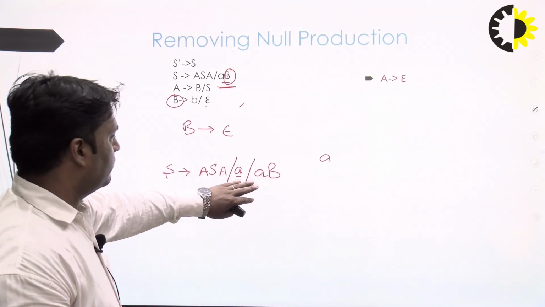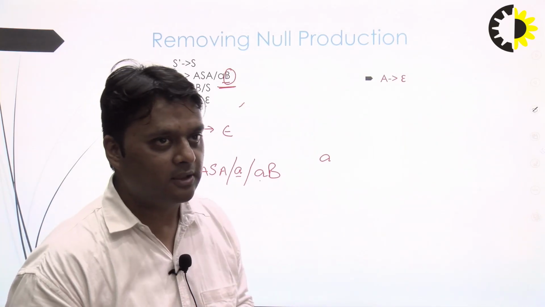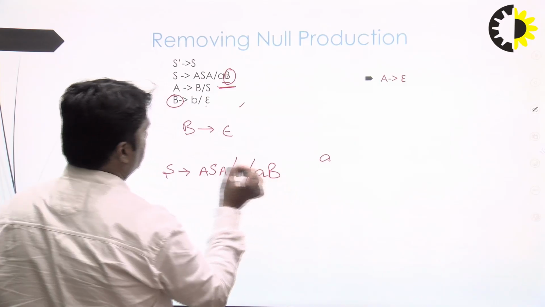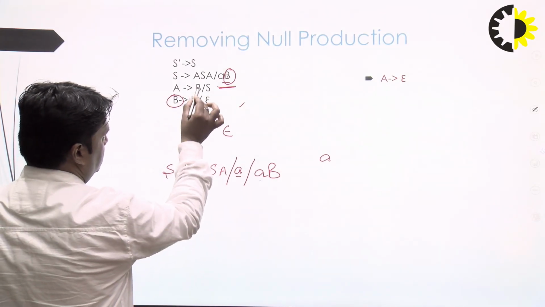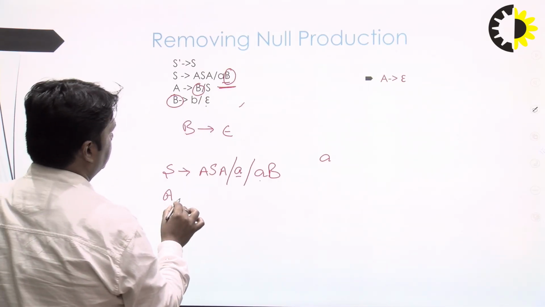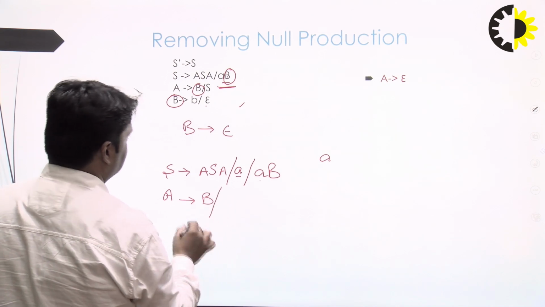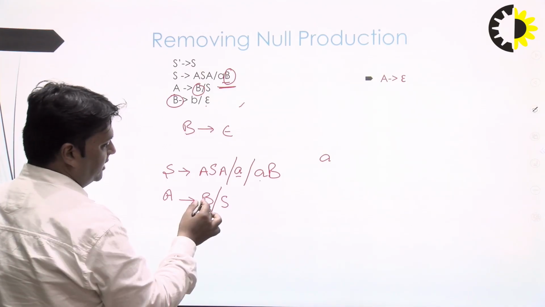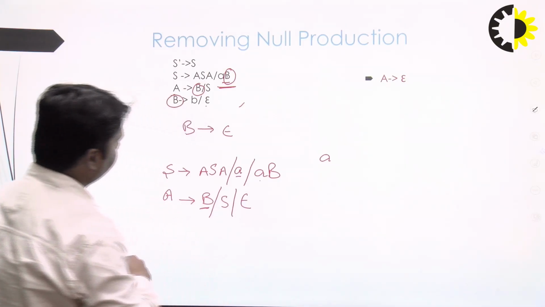So when we remove any null production from the grammar, the remaining grammar should also be there in that production. B is also here in the next production, A implies B slash S; we put epsilon in place of B, then we get epsilon.